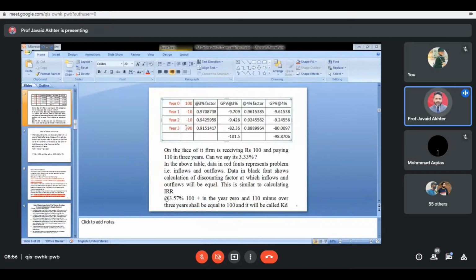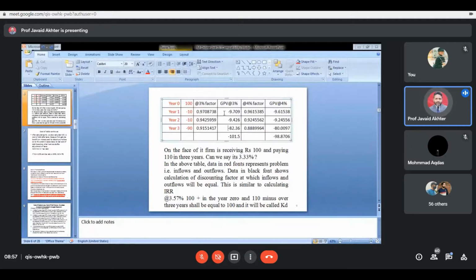Now we are discounting them at 3% factor. You can certainly ask me, why not 30%, why not 20%, why not 50%? You remember I have told you earlier also that using this annuity table, we can find out an approximate rate. So discounting it at 3% gives us these outflows.